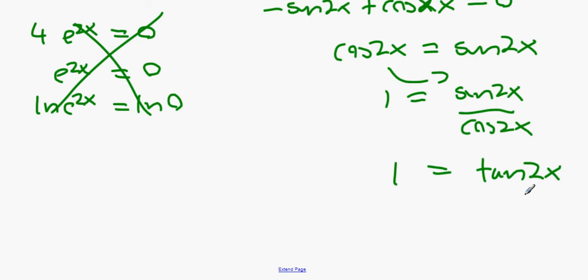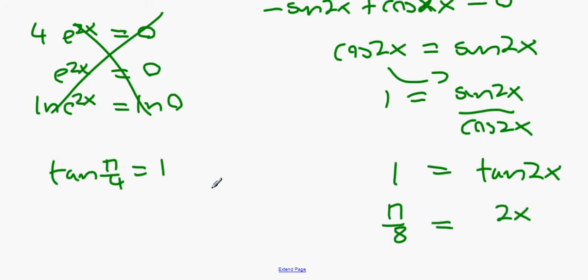Then we've got to figure out what angle is worth 1. We know that tan pi over 4 equals 1, so 2x equals tan inverse 1, and then 2x equals pi over 4. Oh sorry, that's pi over 4, not pi over 8.